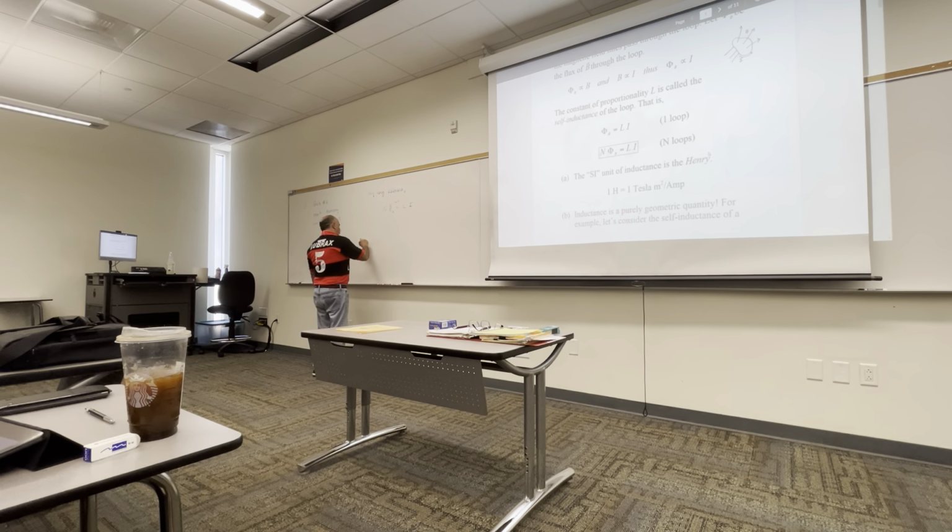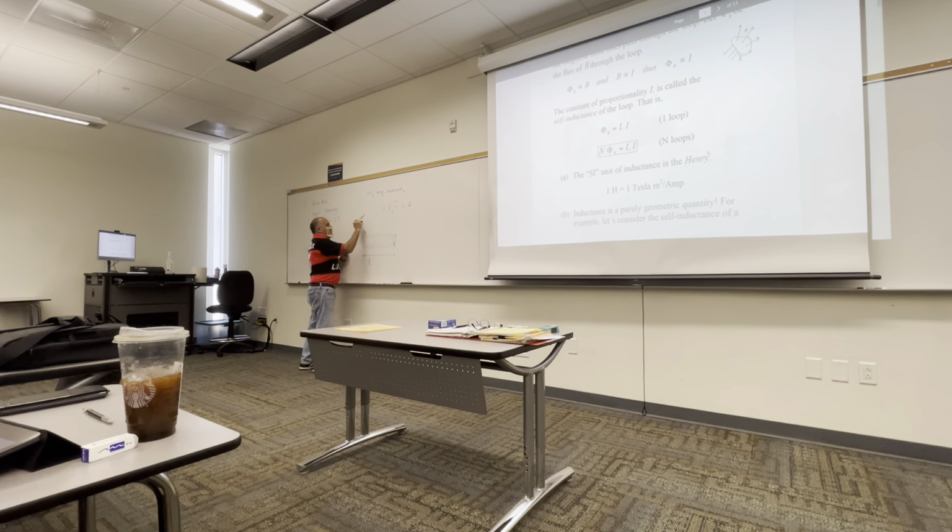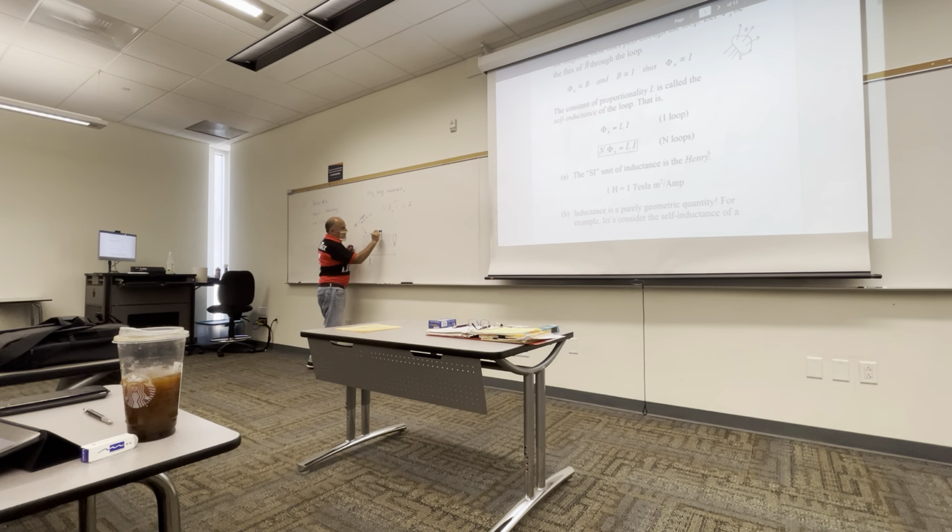Now, if you have a solenoid like this, suppose the length of this is L, the total number of turns is capital N. But in a length of 1 meter, there are little n turns per unit length.